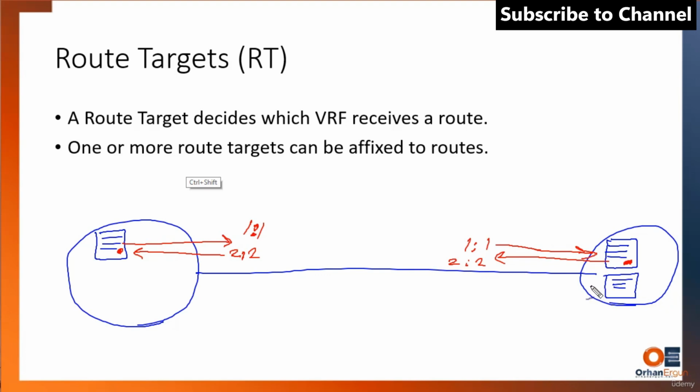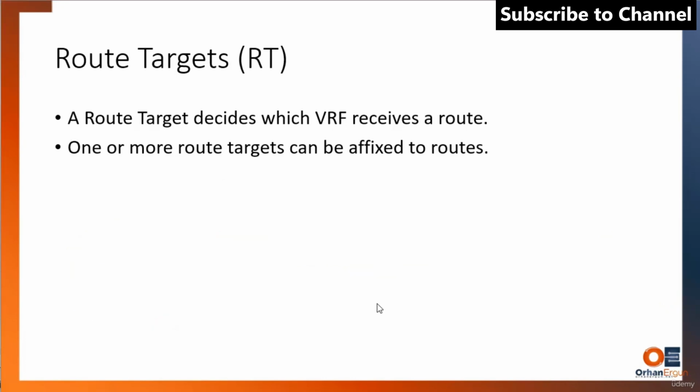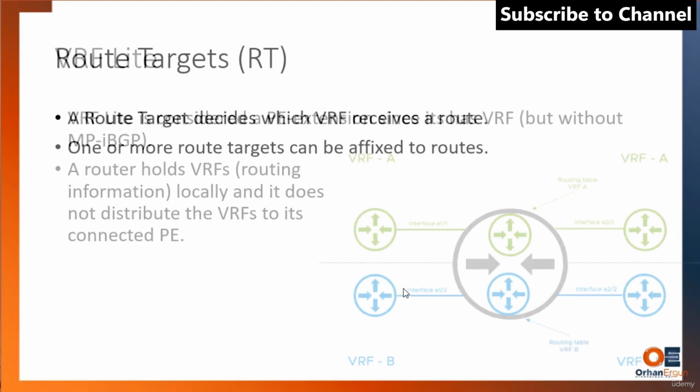So I can do that. I can say I am importing 1:1 as well. So this is possible. There are scenarios which we are going to cover and tell you what the situations are in which we do this. But right now, we are going to just go with this.